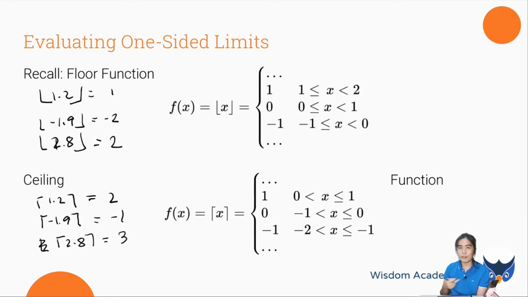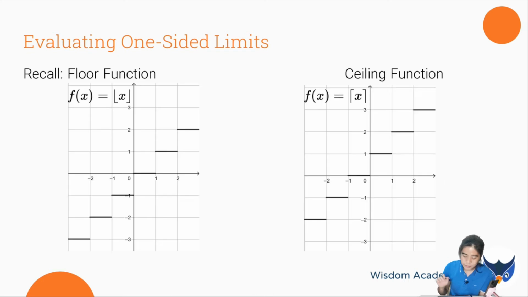So, paano ito maging different sa one-sided limits? So, let's see its graphs. So, makikita natin na at x equals integers, if kukunin natin yung limits nila from the right, magiging iba siya sa limit from the left for every integer values.